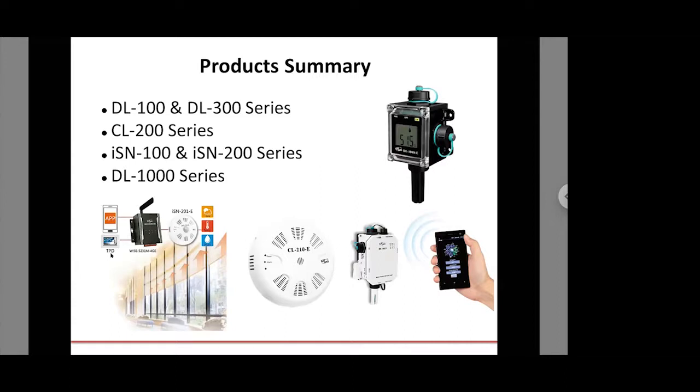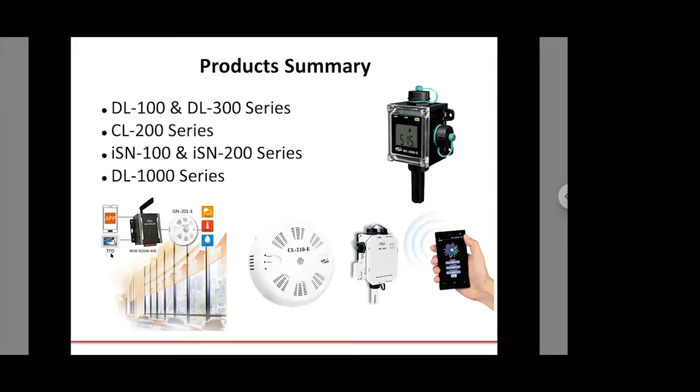The IP66 versions are perfect for your wet and humid environments. The LCD display and the color display on the DL300 make these a perfect choice for a commercial greenhouse or a nursery, anywhere your operators are going to need a quick glance, a quick idea of what's going on at different parts of the operation.